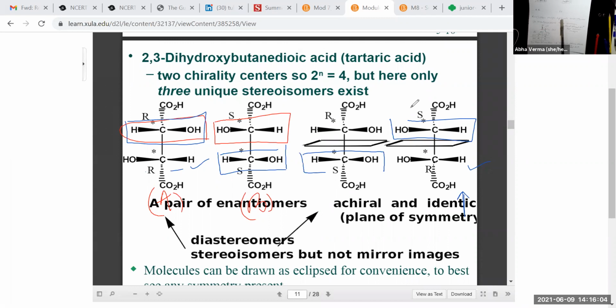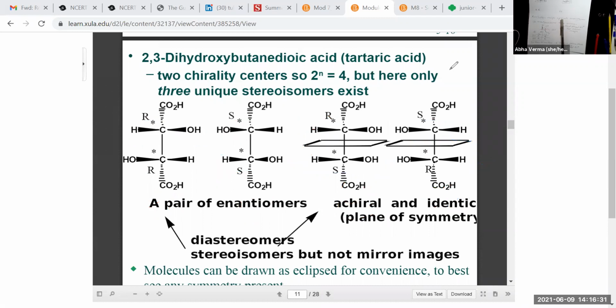In here, I only switched this one. And so when I had this structure, oops, I switched here. Okay, so I can make my 4 stereoisomers.